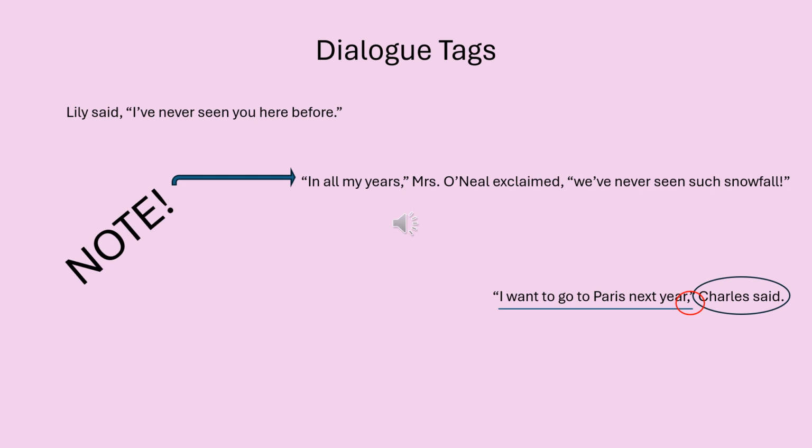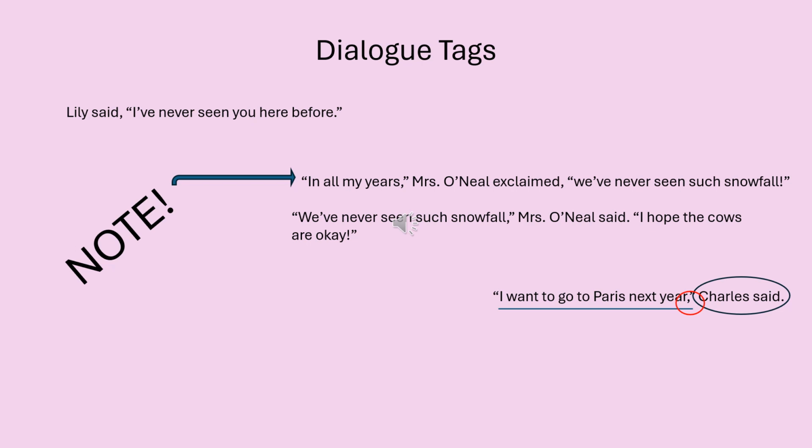And then I want you to compare it to another example where a dialogue tag is coming in between two bits of dialogue. "We've never seen such snowfall," Mrs. O'Neill said. "I hope the cows are okay." Now, the difference between these two examples is, in the first, one sentence of dialogue, "In all my years we've never seen such snowfall," is interrupted by the dialogue tag, "Mrs. O'Neill exclaimed."